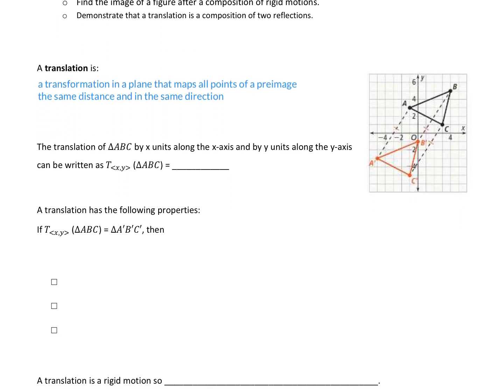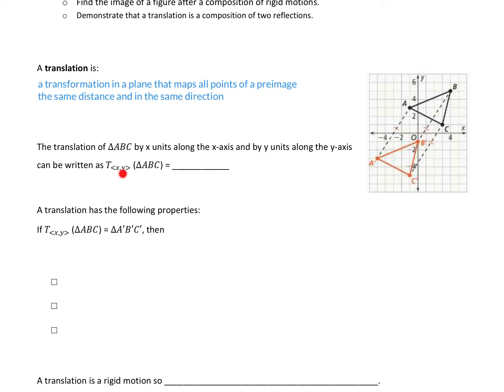So the translation of triangle ABC by X units along the X-axis and by Y units along the Y-axis can be written as, so here's our notation for translation. Capital T, and our subscript has these brackets that look like a less than and a greater than sign. It's the idea of parentheses, but not quite so curved.